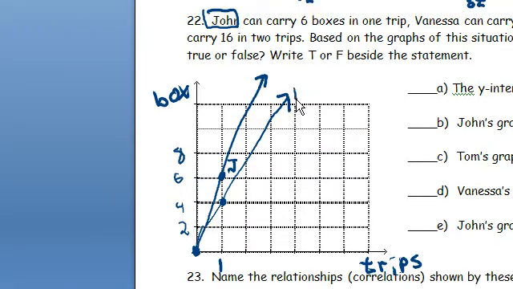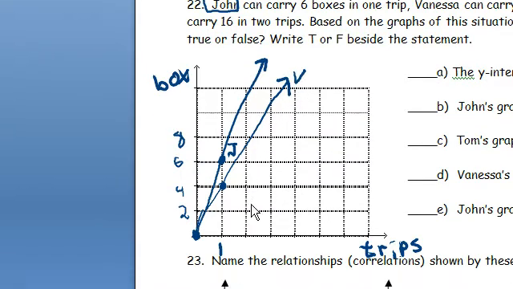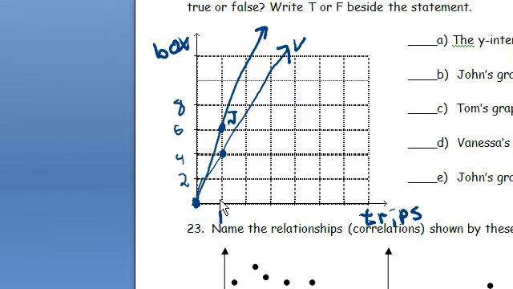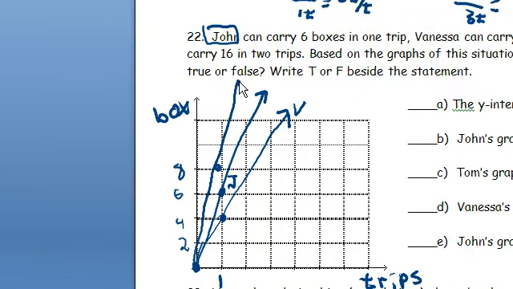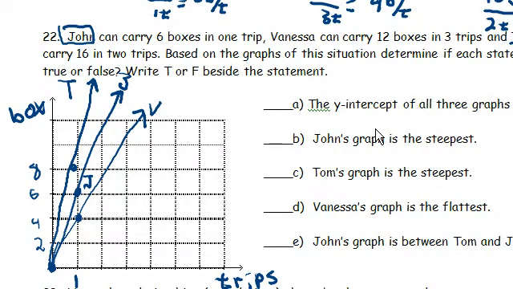Okay, so there's Vanessa. And Tom can carry 8 boxes in one trip. Wow, Tom. Okay, and there's Tom's line right here. So there's Tom, there's John, and there's Vanessa.